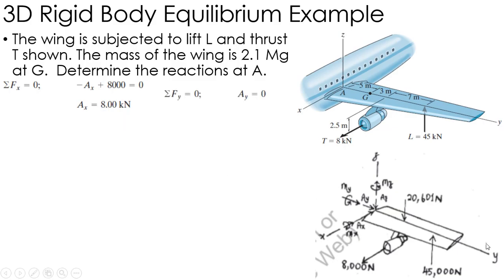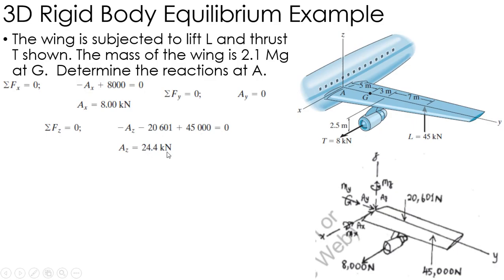In the Y direction, which is this direction, the only force I have is my AY reaction force. There's no other applied force, therefore AY equals 0. In the Z direction, as I have it drawn, I have AZ acting down, I have 45,000 acting up, and I have 20,600 acting down in the Z direction, telling me that AZ, going down, is 24.4 kilonewtons when I sum these up.